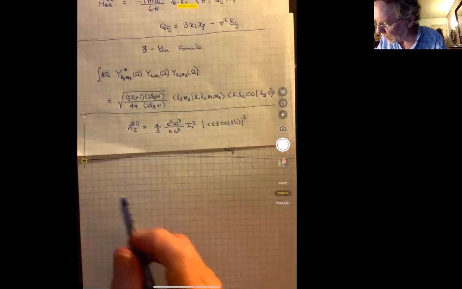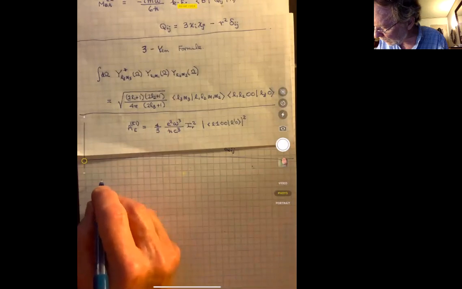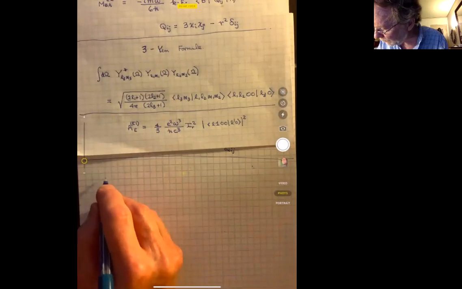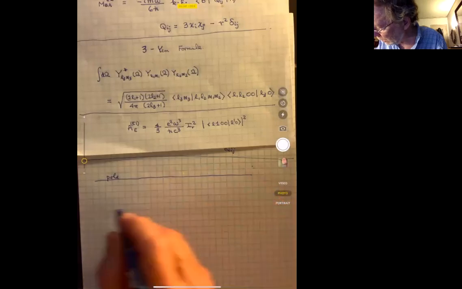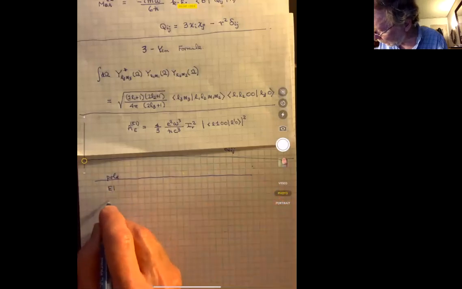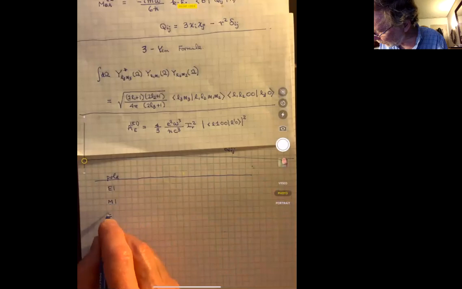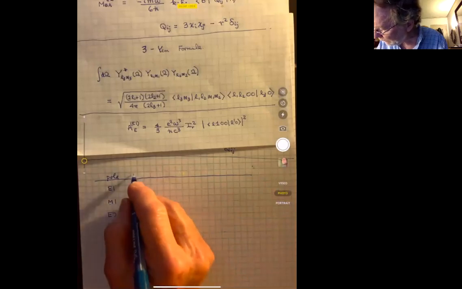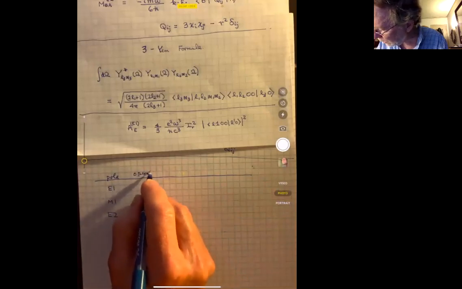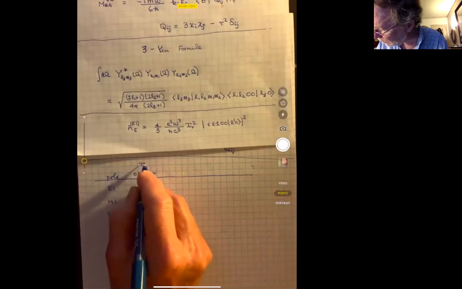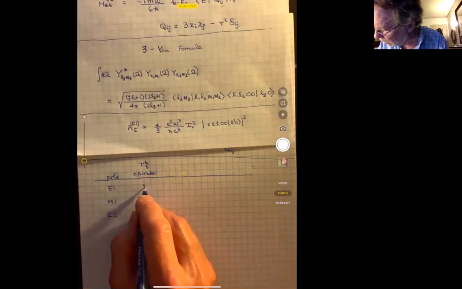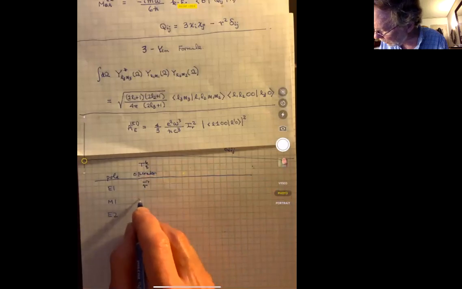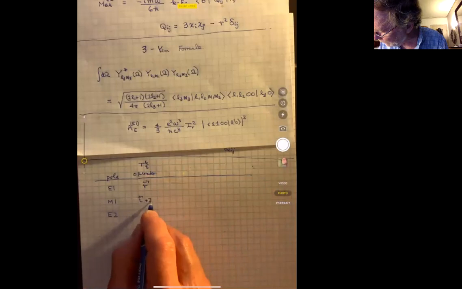I'll do this by setting up a table. There's going to be a long table here. Let's talk about the pole. So we have the electric dipole, the magnetic dipole, and the electric quadrupole. These are the three that we talked about. We have an operator which is in the middle, and that operator is an example of an irreducible tensor operator. So it's like a T^K_Q. So for the E1, it's the position operator r. For the M1, it's L+2S, the angular momentum.